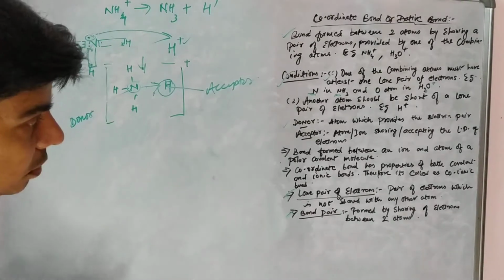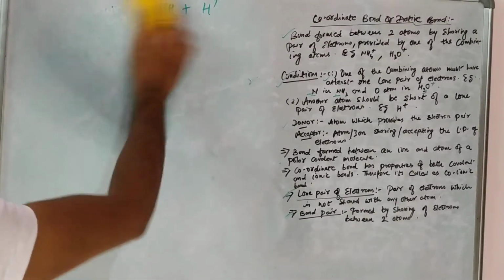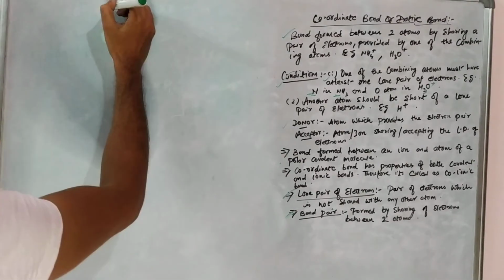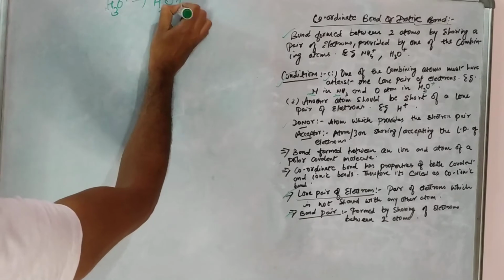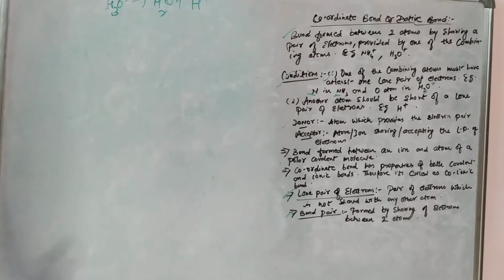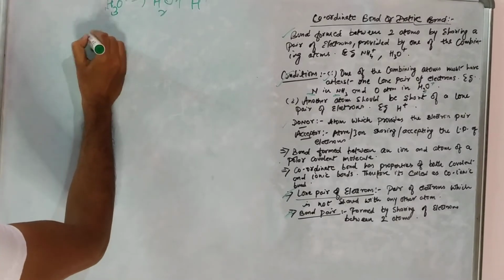And let's quickly see the formation of hydronium ion as well. We know that hydronium ion is formed from water molecule plus hydrogen ion, right? So let's see the formation.